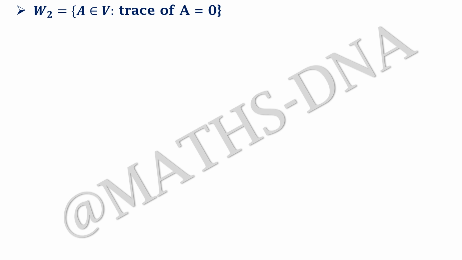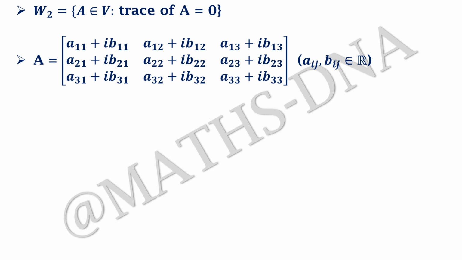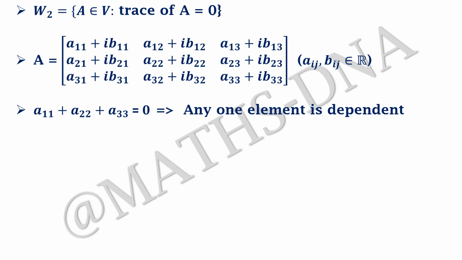Moving on, W2. W2 is a set where A belongs to V such that trace of A equals 0. Now we already have our A, and here they are saying the trace of A equals 0. So that is A11 plus A22 plus A33 should be equal to 0, which implies that any one element is dependent.